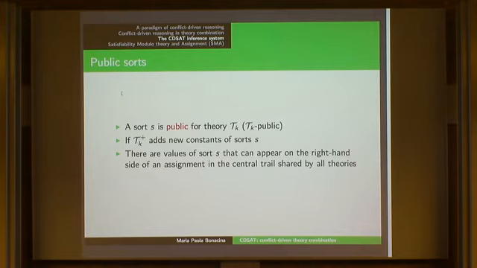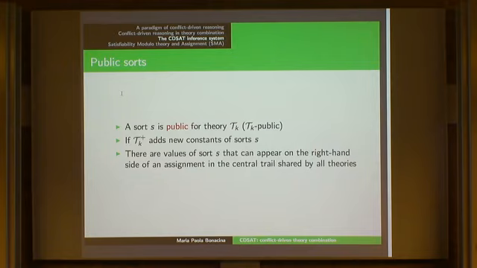Now I said that the theories all work on the shared central public trail. So we say that a sort is public if there are values for that sort that can be assigned publicly on the trail. So if the extension of theory K adds a new constant of sort S, then this sort is public for that theory.